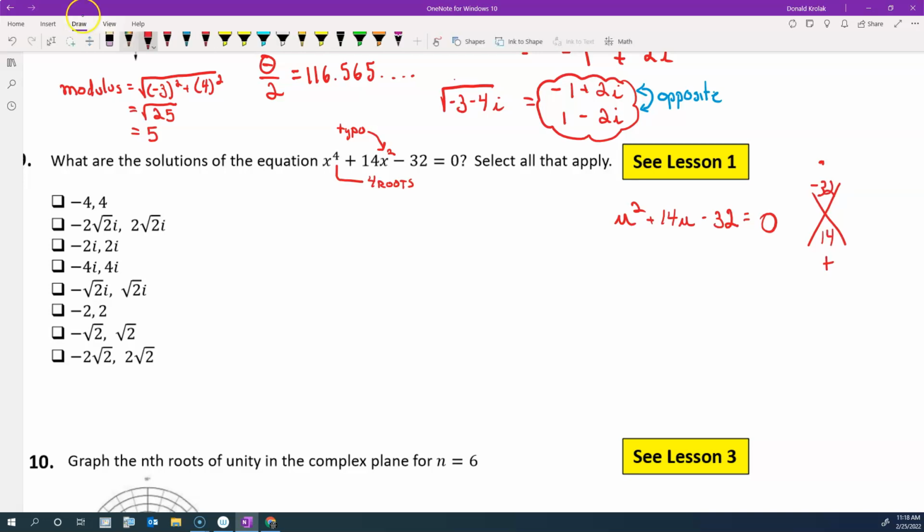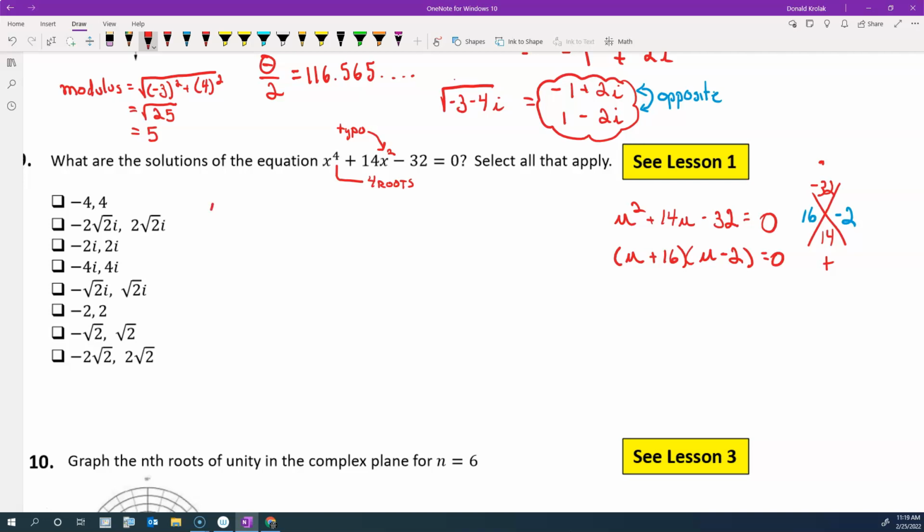Well, that would be 16 and negative 2. So this thing would factor into u plus 16 and u minus 2 equals 0, and I know how to deal with that. So we can use that to solve this.